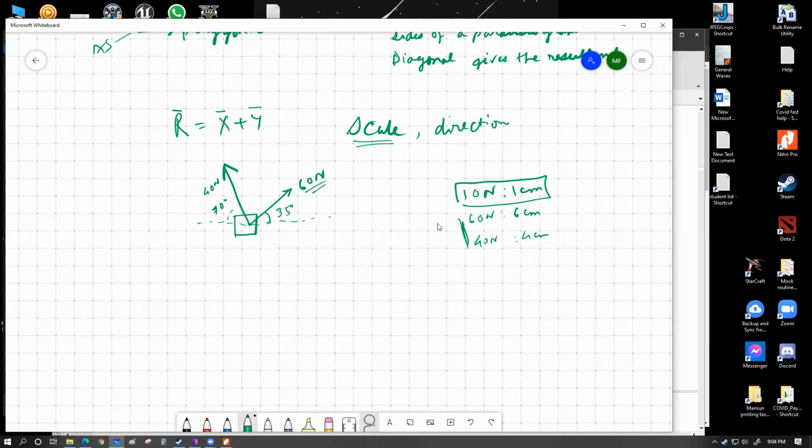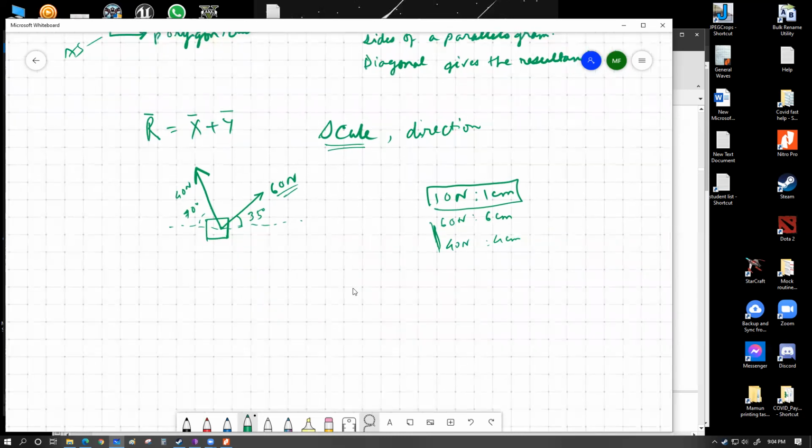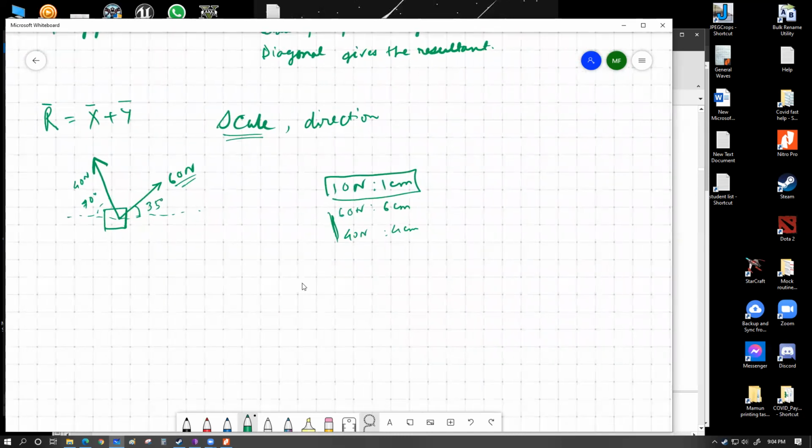If you want your figure to be slightly bigger, you can choose a different value. Maybe if we want to go for this ratio, let's say 10 Newton for 2 centimeter. Now this is actually not defined as a scale. If we want to define a certain expression as a scale, one of the quantities has to be 1.